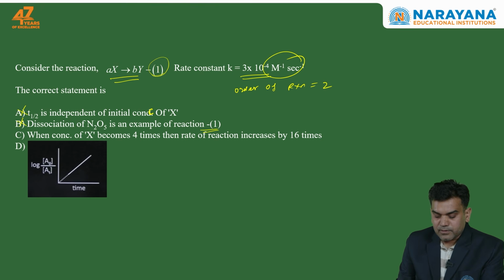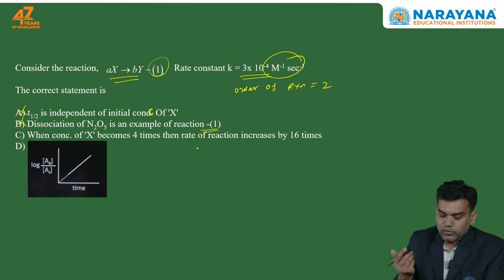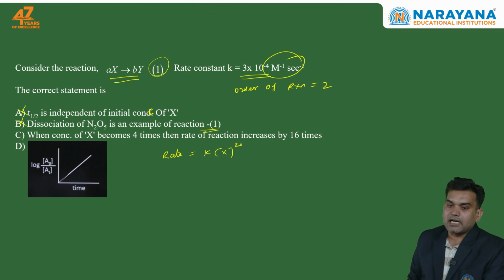Concentration of X becomes 4 times, then the rate of reaction increases by 16 times. You can do this simply. If we increase the concentration of the reactant by 4 times, let's say rate is equal to k into concentration of X to the power 2, because this is following second order kinetics.